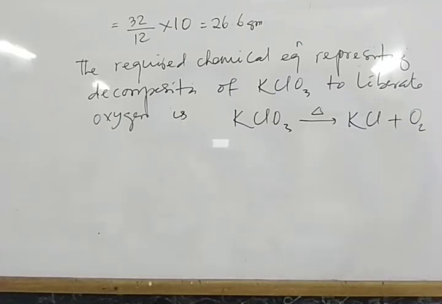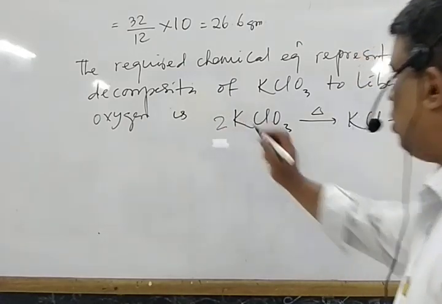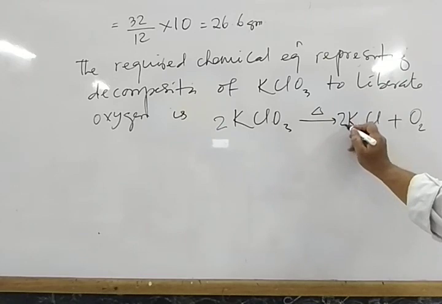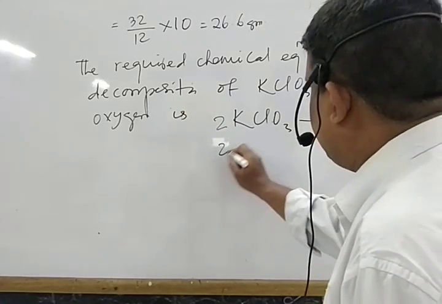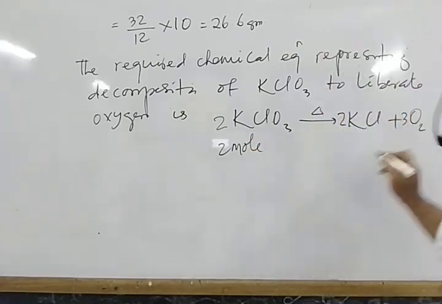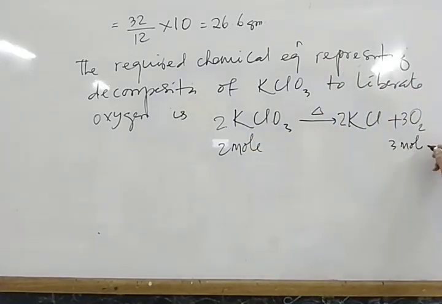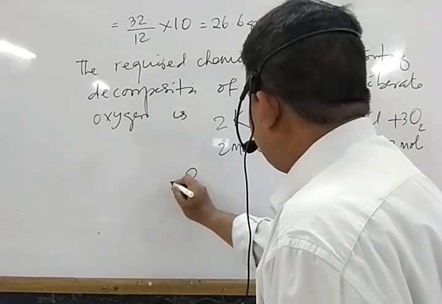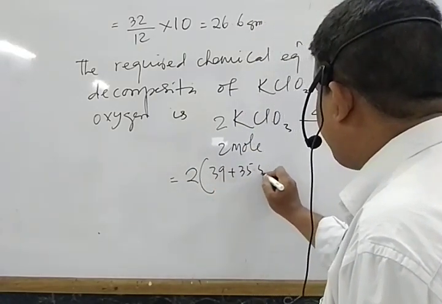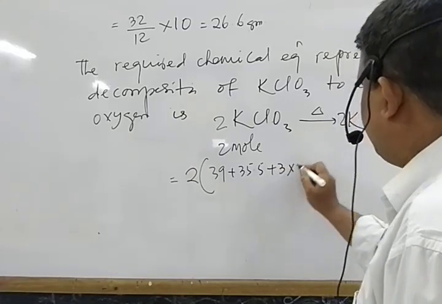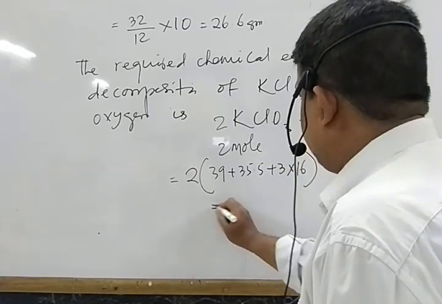Mark that potassium chloride is decomposed to give potassium chloride and oxygen. From this it is clear that it is 2 mole and oxygen is 3 mole. That means 2 into (39 plus 35.5), and 3 into 2 into 16.